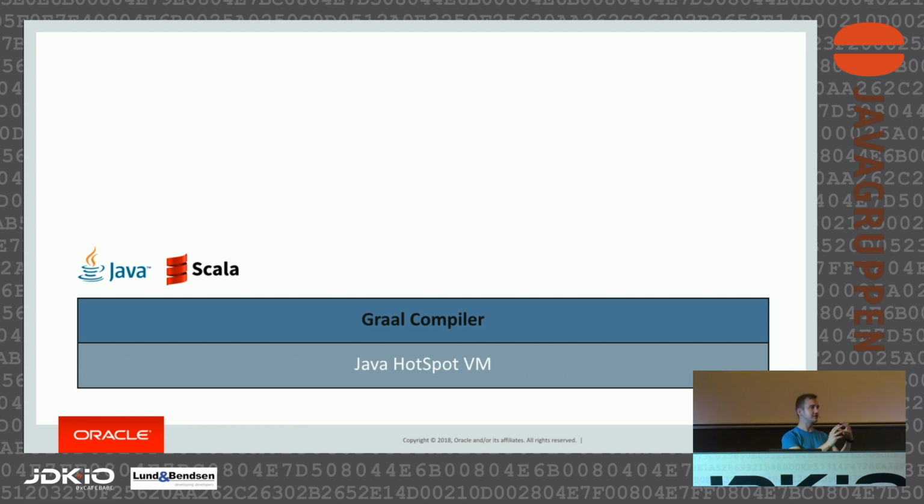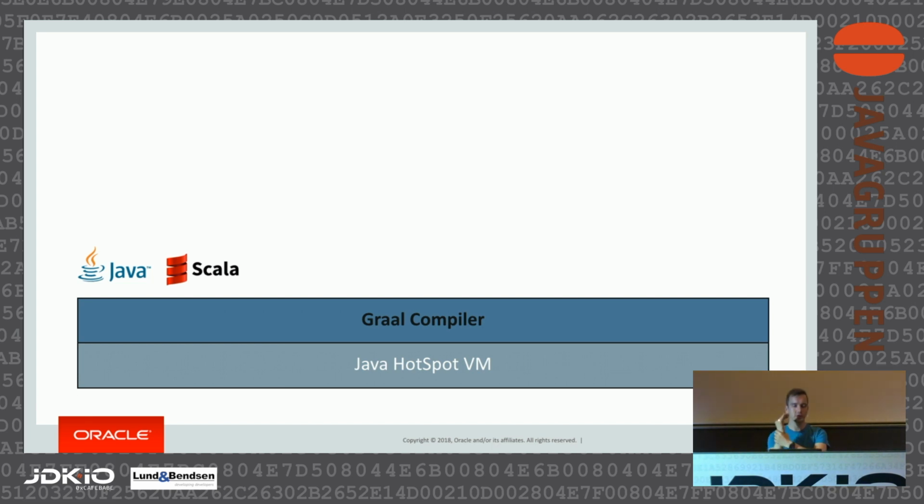JVMCI was introduced in Java 9. How many of you are running Java 9 and later in production? I salute you, brave gentlemen. So how many of you run Java 8? Okay, very cool. So currently, the easiest way to start benefiting from GraalVM is to run on Java 8.